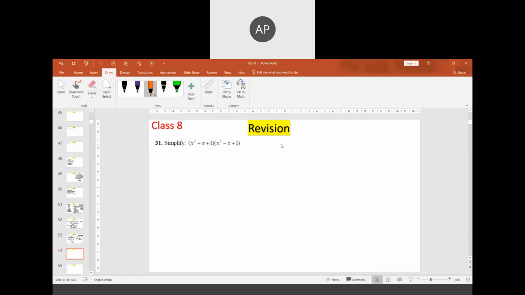Sir, x to the power 4 plus x square plus 1. I have also got the same answer, x to the power 4 plus x square plus 1, sir.